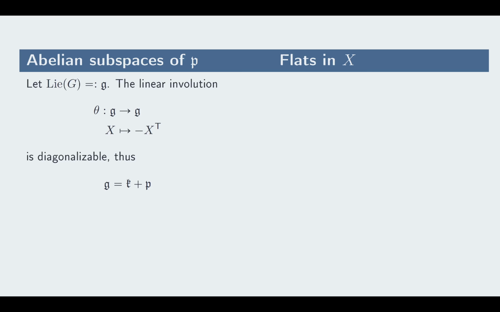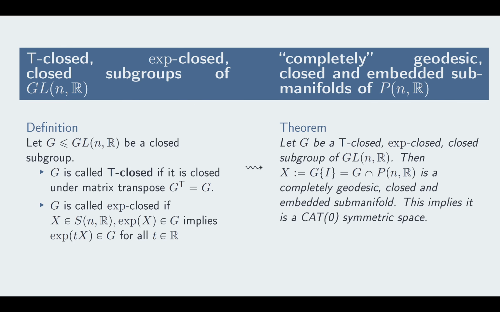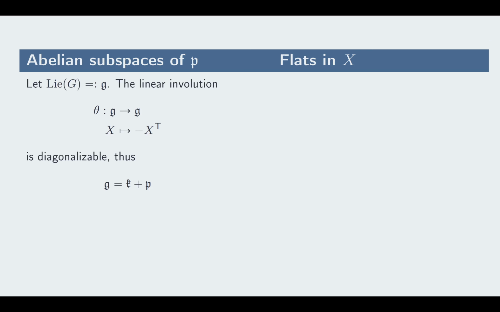My setup is this: there is a transpose closed, exponentially closed subgroup of G, and I look at the corresponding X, which is the orbit of I. Now I take the Lie algebra of G, which is the tangent space at identity. This is a matrix group, and this linear involution is diagonalizable. So it decomposes the entire thing into k plus p. k will be a Lie algebra, and p will be just a vector subspace.